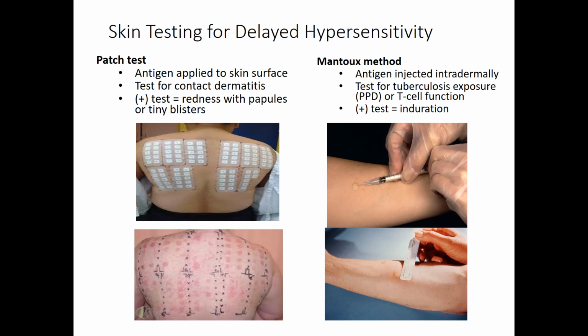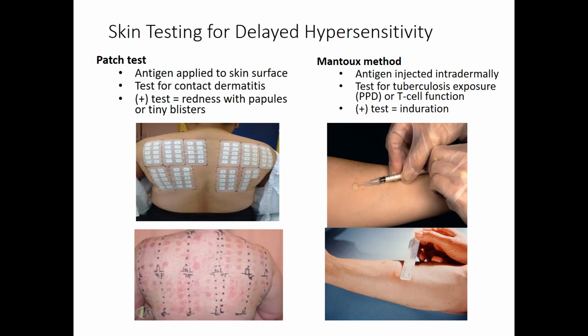We're going to, as you can see illustrated here, literally apply a small amount of the antigen, multiple antigens, to the skin surface, and they wait a couple of days, roughly 24 hours, and they look to see if someone has developed a contact dermatitis. If it's red with papules or tiny blisters, guess what?